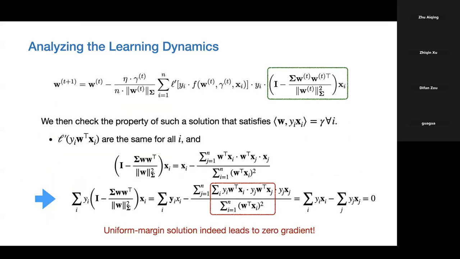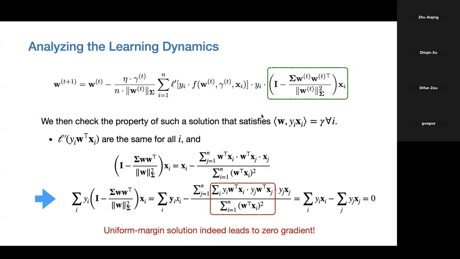Then we want to see whether the uniform solution really gives you zero gradient. If it does, it could be a stationary point that gradient descent converges to. This is just a simple calculation.